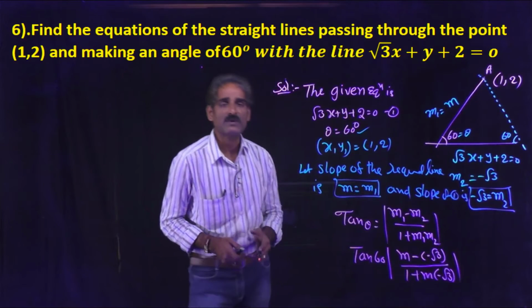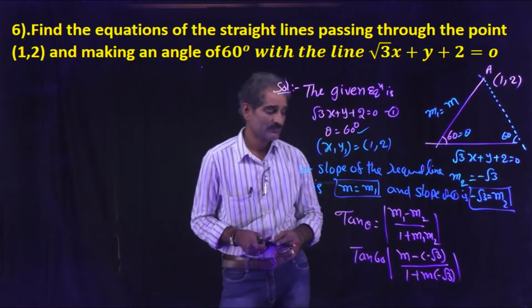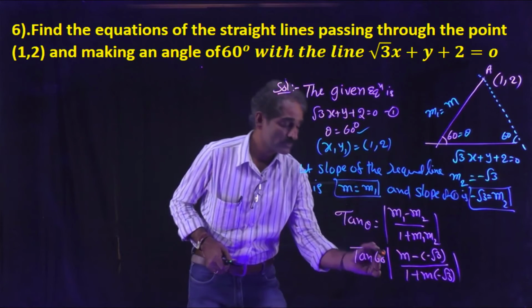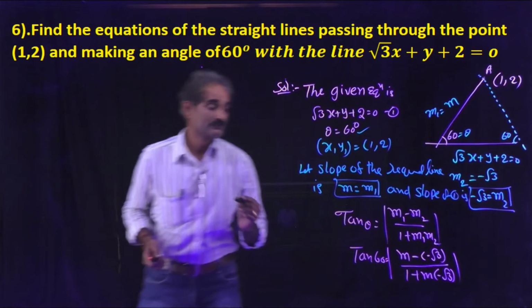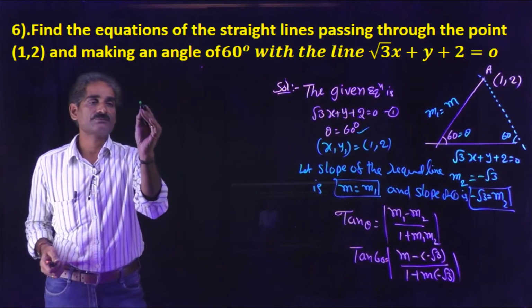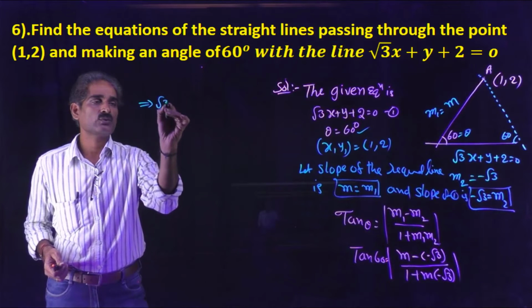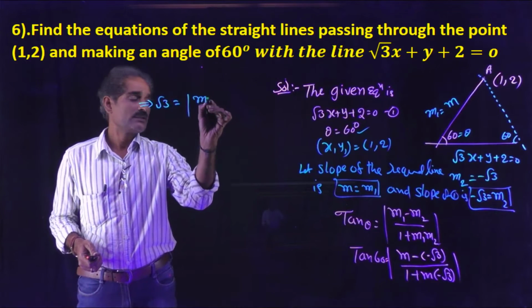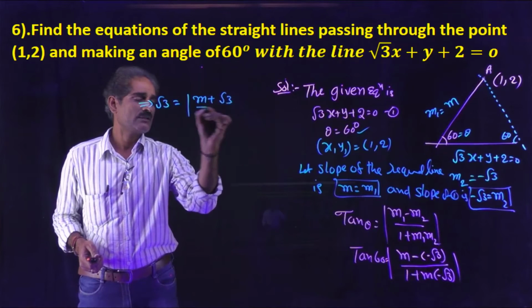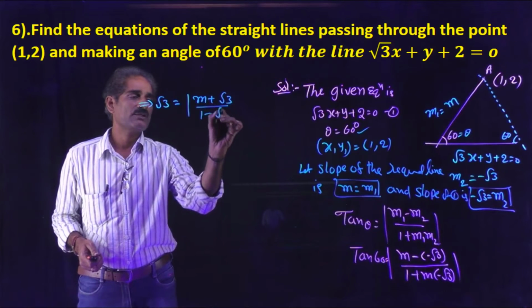Now from this find the values of m. Tan 60 is nothing but root 3. So this implies root 3 is equal to modulus of (m plus root 3) by (1 minus root 3 m).